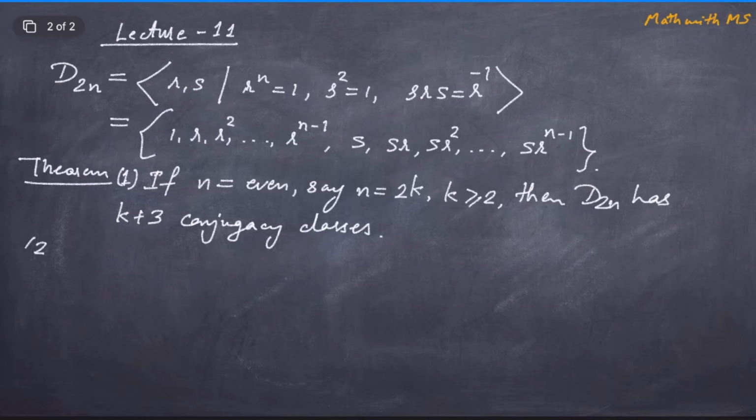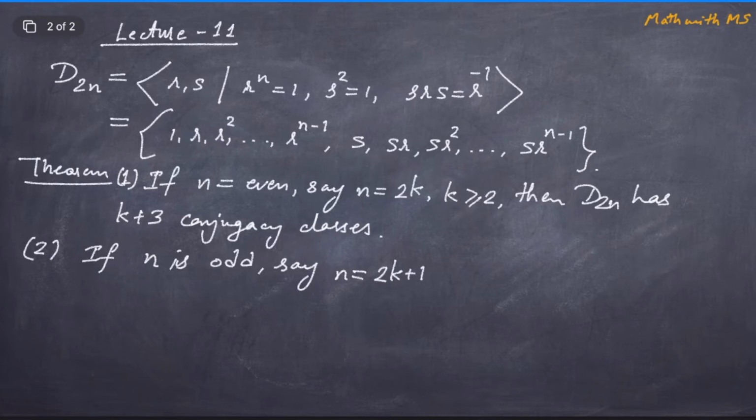And secondly, if n is odd, let us say n is equal to 2k plus 1, where k is bigger than or equal to 1, then D2n has k plus 2 conjugacy classes.